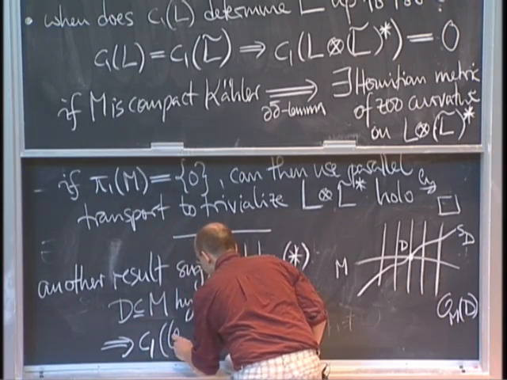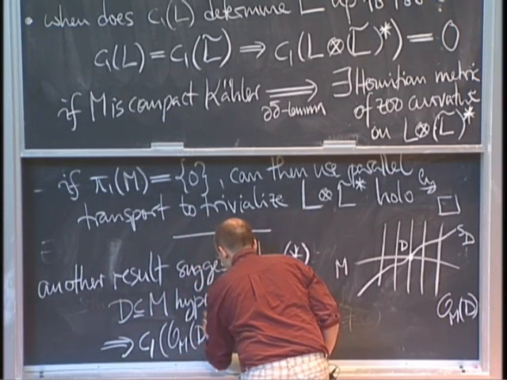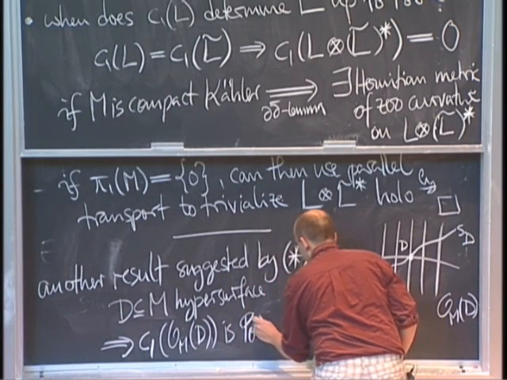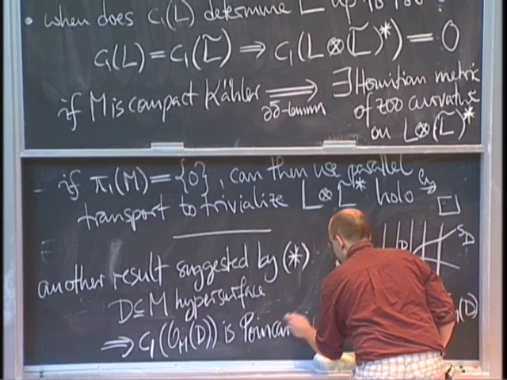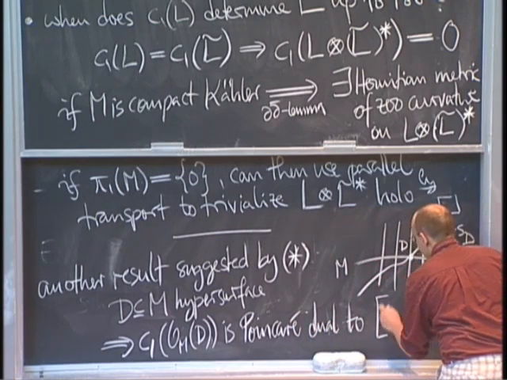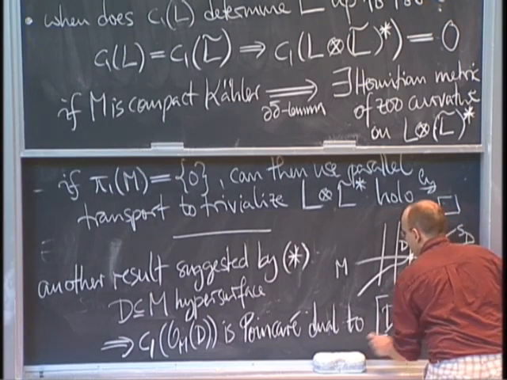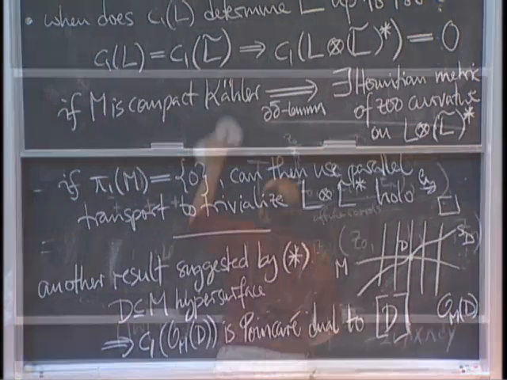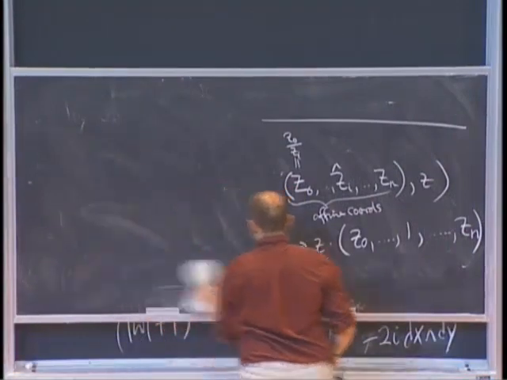C1 of O_M of D is Poincare dual to the homology class represented by D. The proof of that is actually not particularly hard.